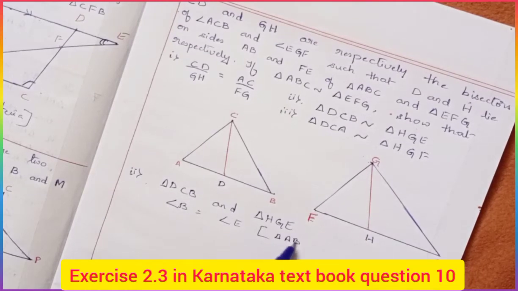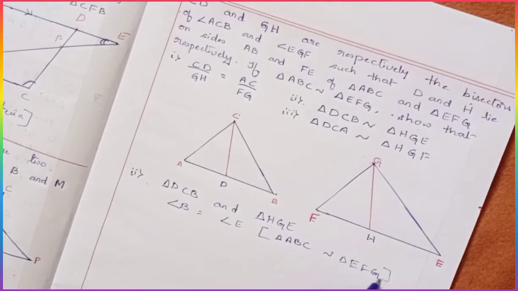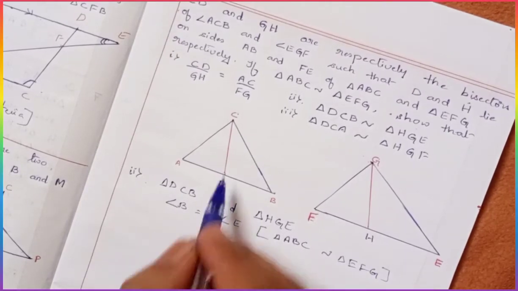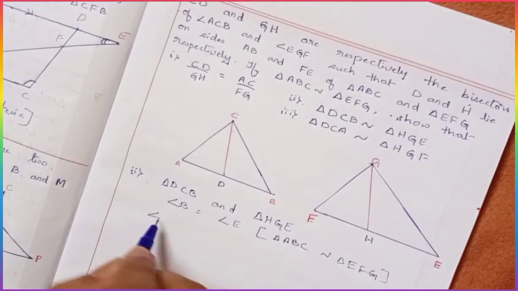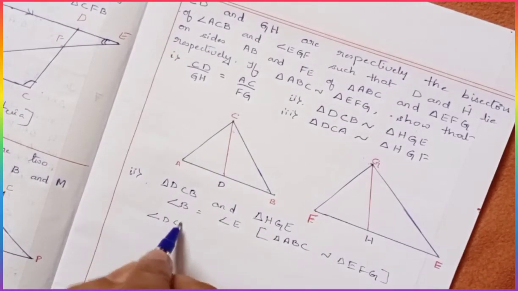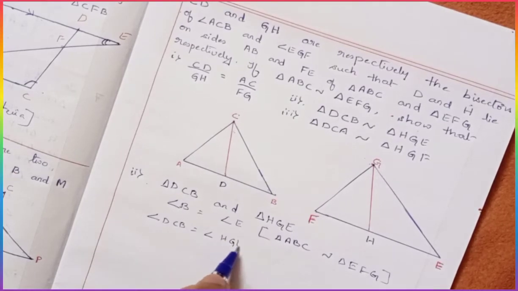Because we already know that triangle ABC is similar to triangle EFG. This is the reason. And second one, this bisected portion is there, no? They are equal. Therefore, we can write angle DCB is equal to angle HGE.